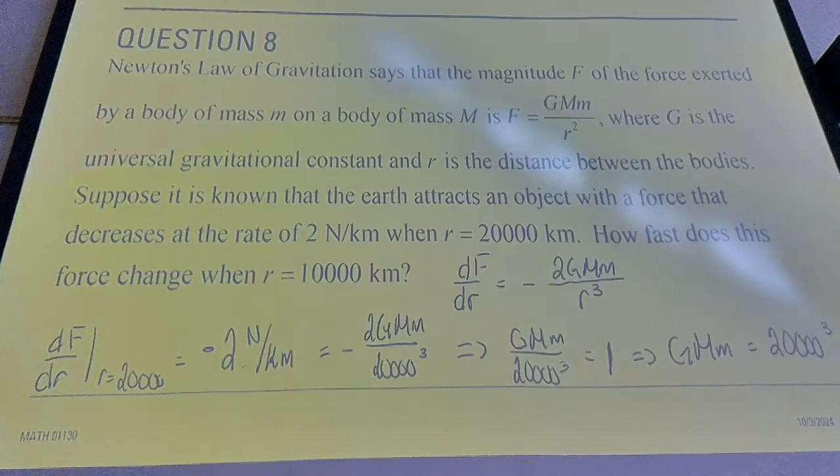Don't even know if Newton's laws would work with these masses, but we're just going to move on with our life. Now we know the constant, we can find what the rate of change is at 10,000 kilometers.